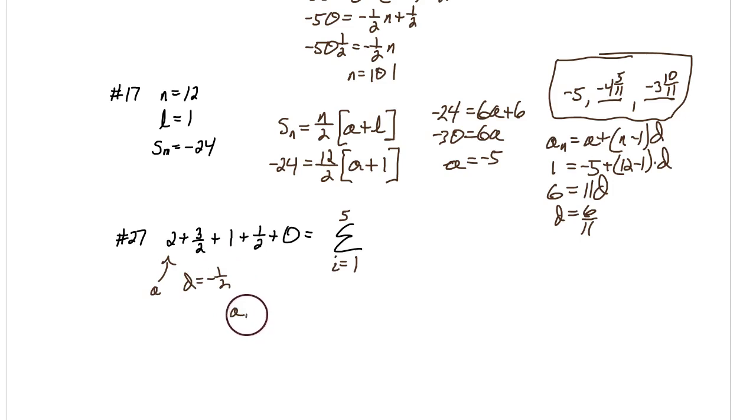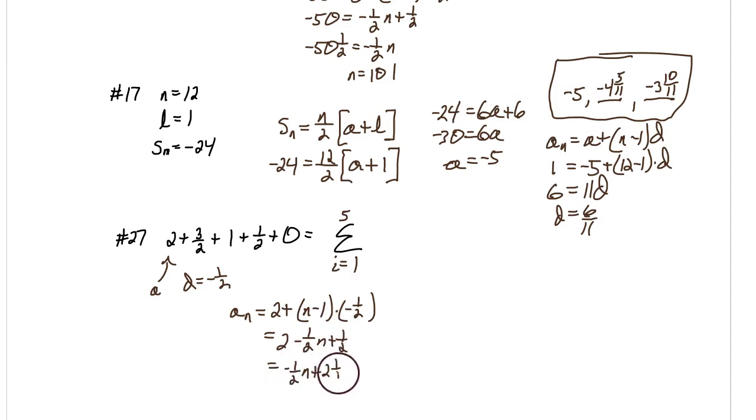Let's create the general term for that kind of a sequence. A sub n equals the value of a plus n minus 1 times the value of d. And then simplify on the right side. This is 2 minus 1 half n plus 1 half. This makes negative 1 half n plus 2 1/2.